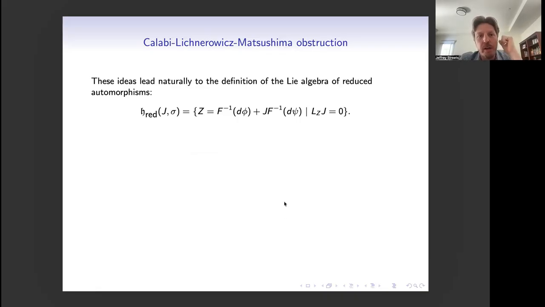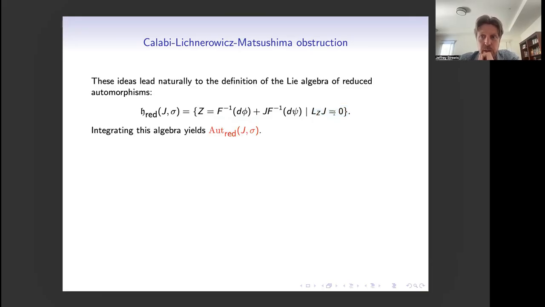These ideas together lead us to this last key definition, which is the Lie algebra of reduced automorphisms. So this is the definition. The Lie algebra of reduced Poisson automorphisms, I'll call vector fields like this, which formally are like the complexified orbit of the Hamiltonian group, which moreover are holomorphic.